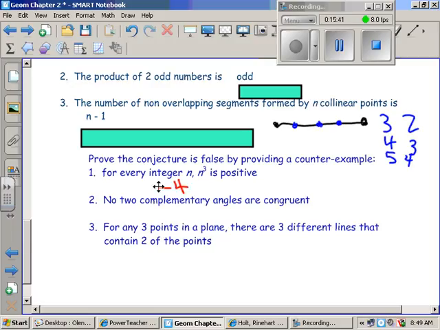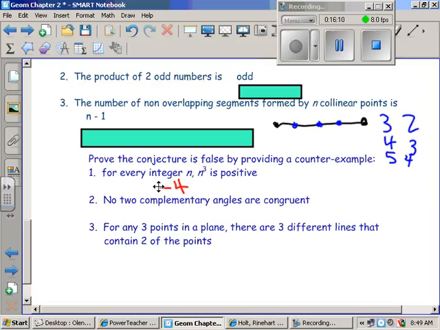No two complementary angles are congruent. Michael. So we're looking for a counterexample: two complementary angles that are congruent, or their measures are equal, we're trying to say.